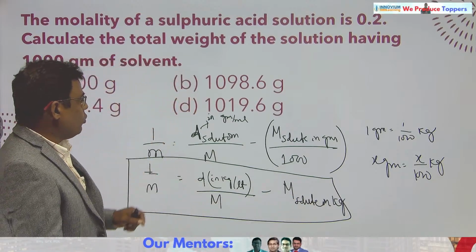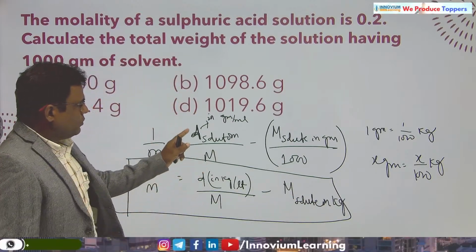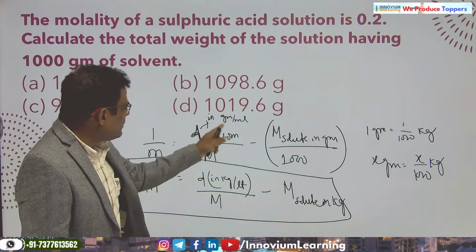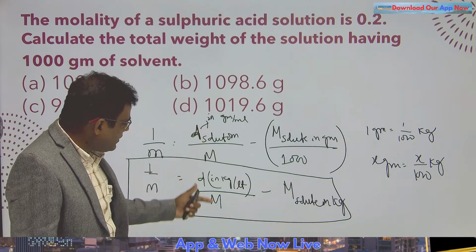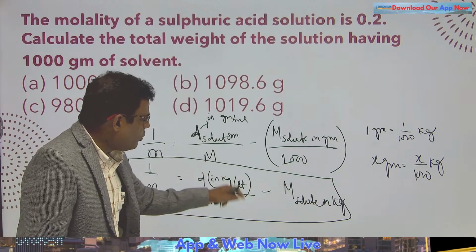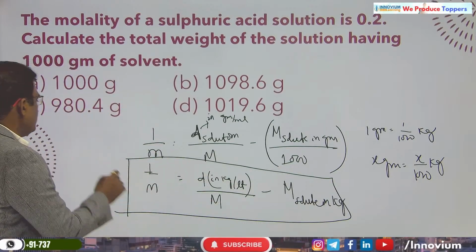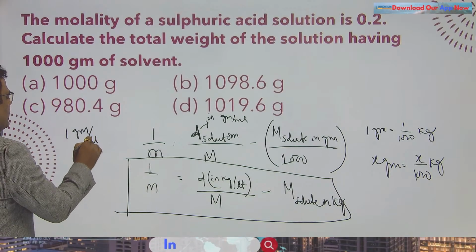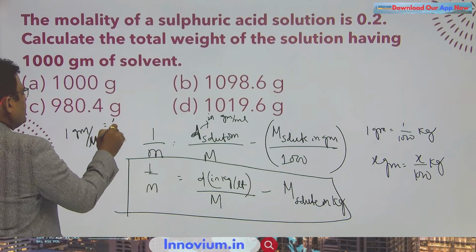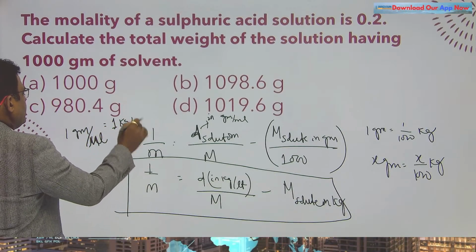Now one more important thing. You see, here density of solution by molarity is mentioned. That same expression I am also using here, because you know that 1 gram per ml is the same as 1 kg per liter.